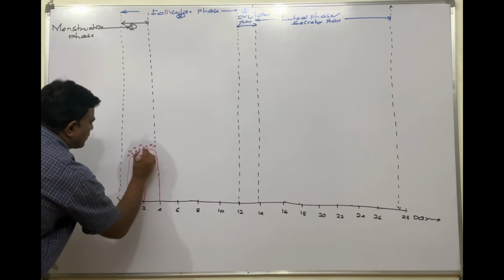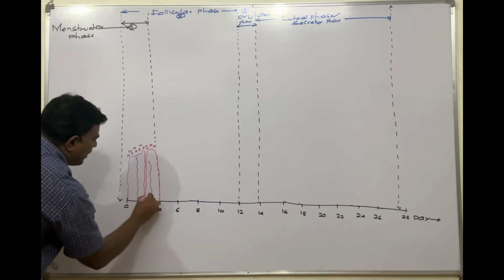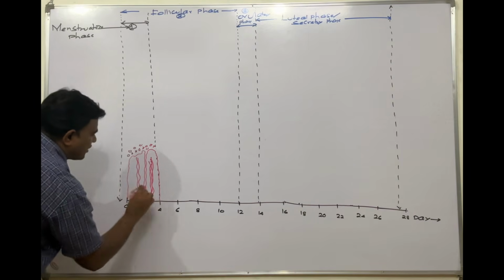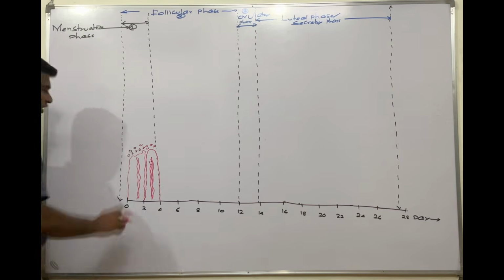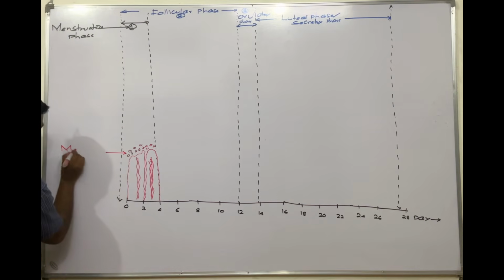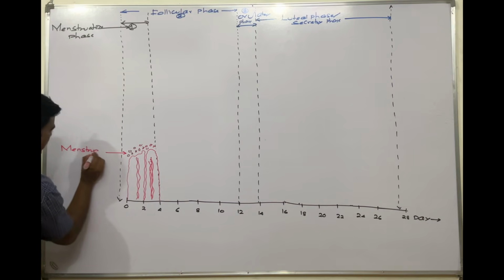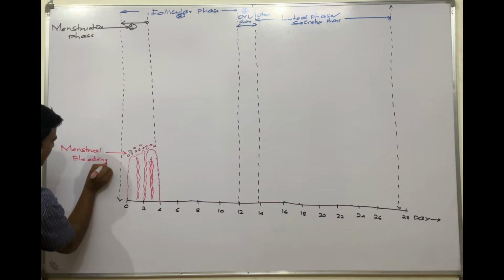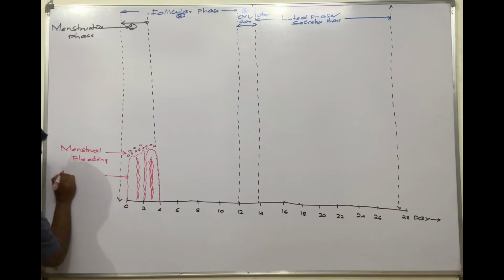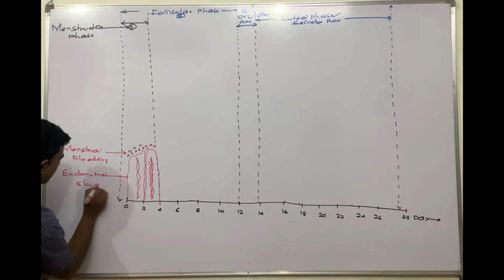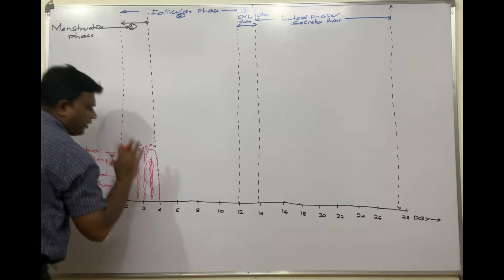These are showing the sloughing. These are the coiled arteries which are being constricted. Ischemic-like changes are occurring. So this is nothing but the menstrual bleeding, the endometrial sloughing. This is the phase which is going on.